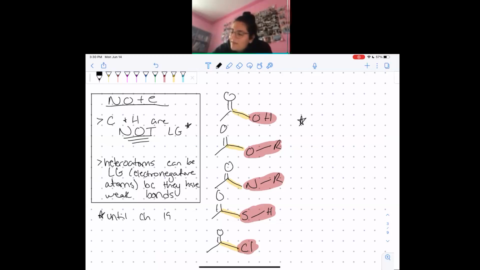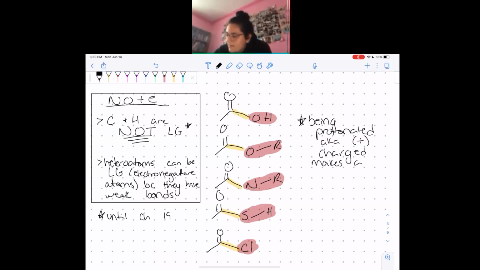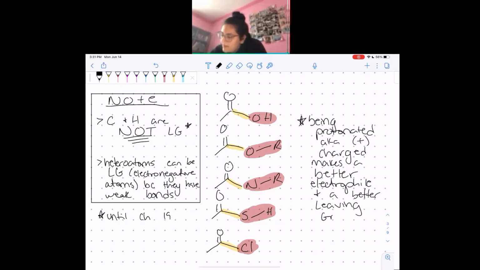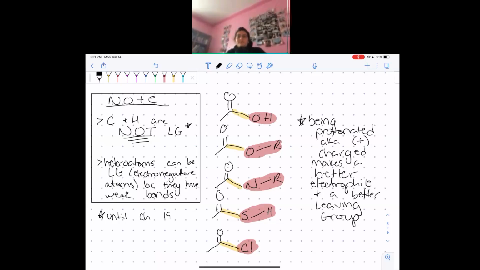And we know that being protonated, aka plus charged, makes a better electrophile and a better leaving group. So we're going to talk about this a whole bunch between now and the rest of the semester, but keep this little note in mind. That'll be very valuable to you.